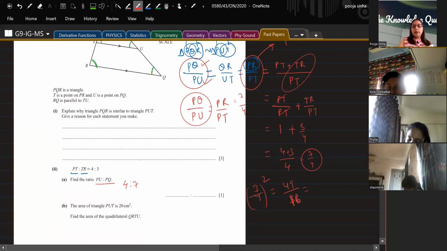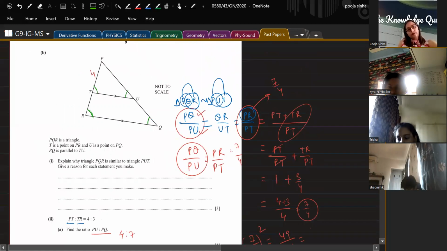That is how the area of the bigger to smaller triangle would be. So you can figure out the area of the smaller triangle from that. Is it understood?